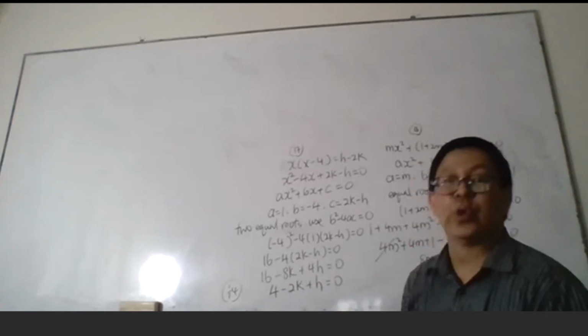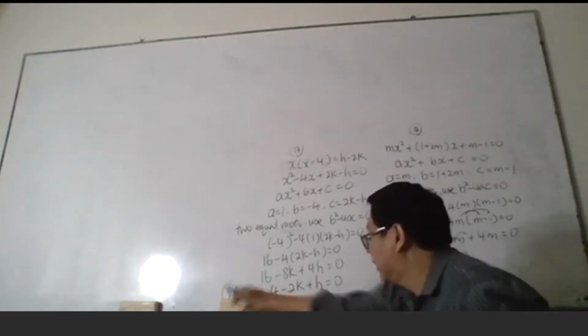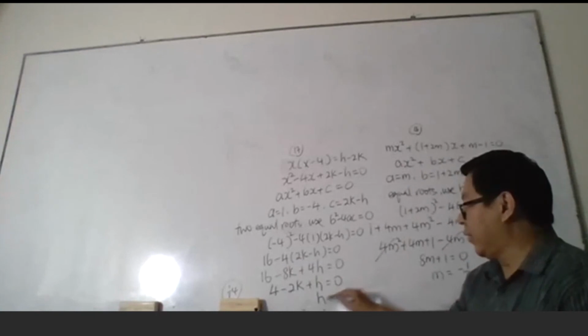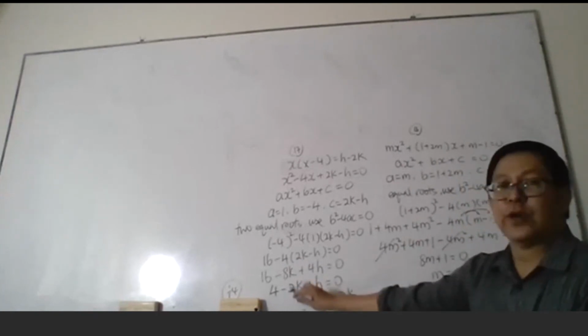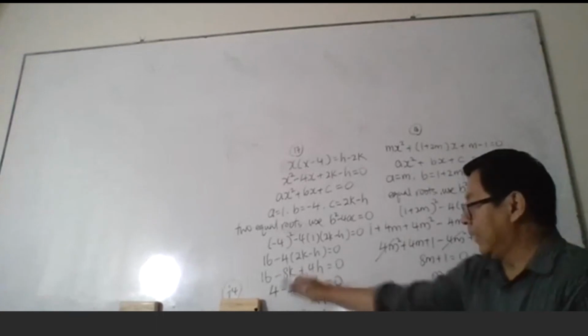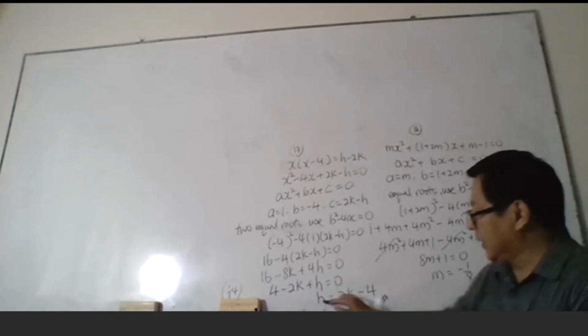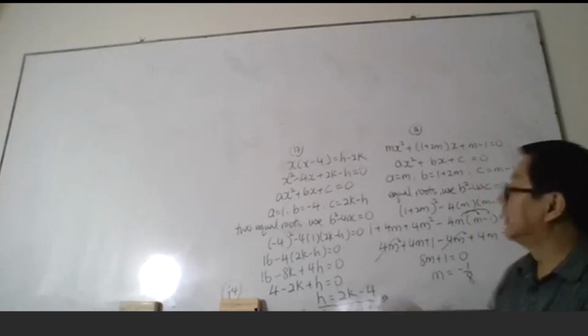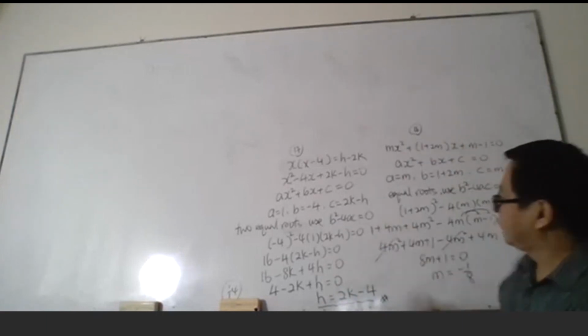The question asks you to express h in terms of k. Finally, h remains. So we move the negative 2k from left to right, and the 4 becomes negative. This is my answer for your 16 and 17.